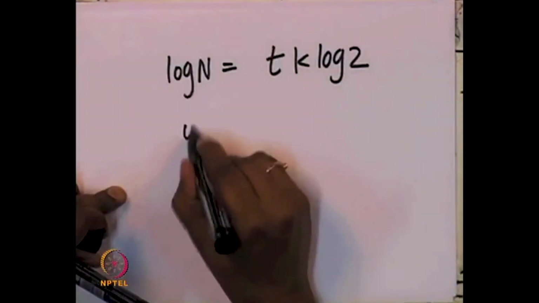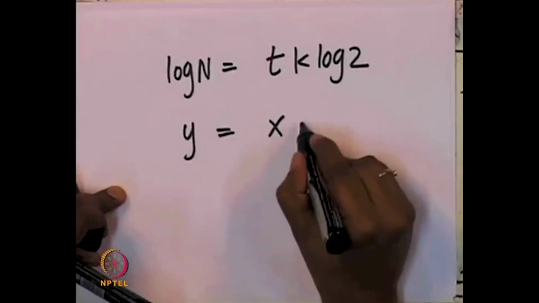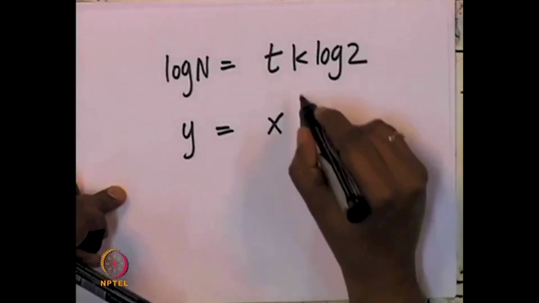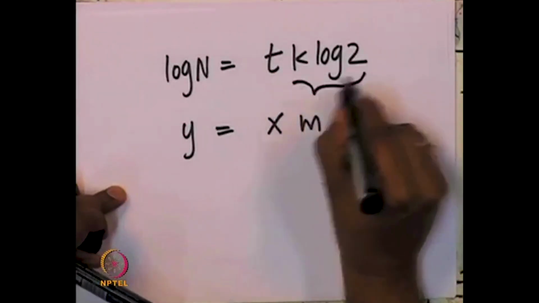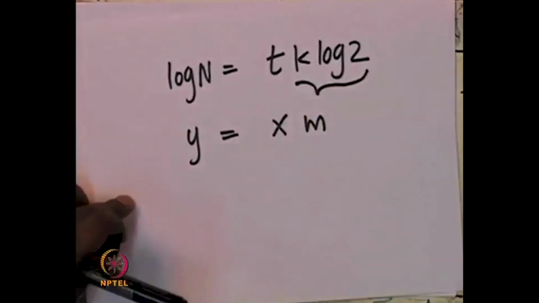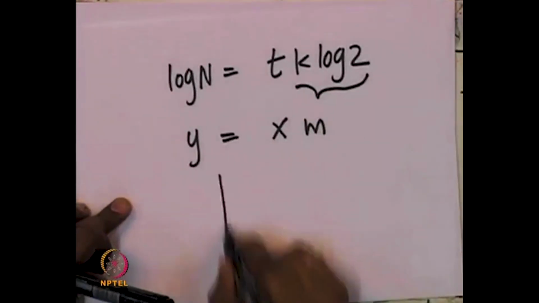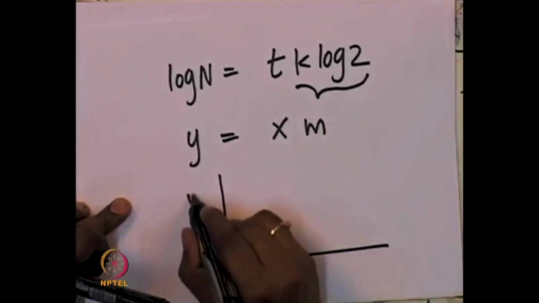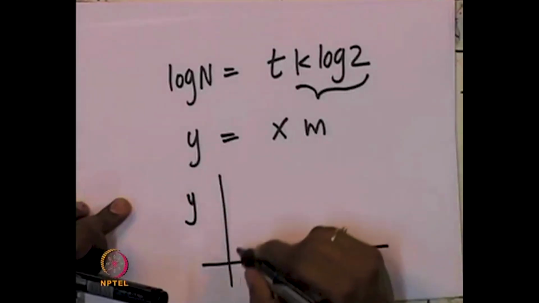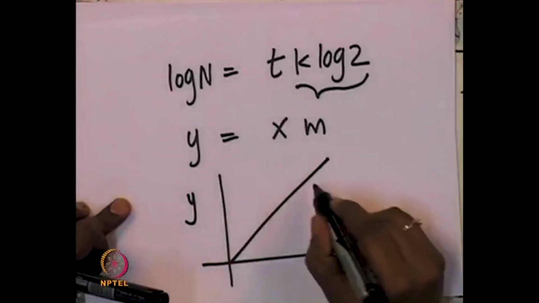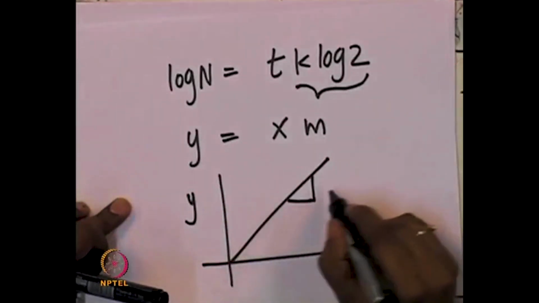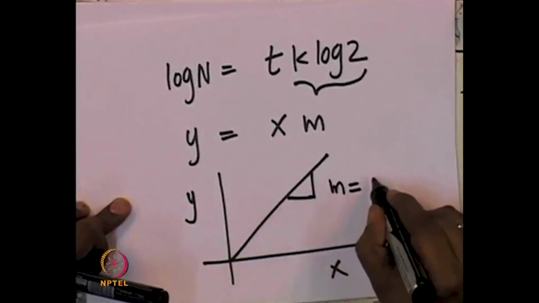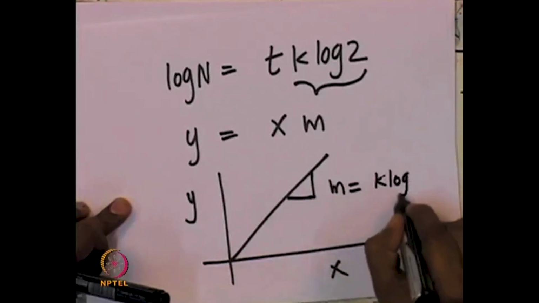So, this is y is equal to x times m, where m is k log 2. As we saw, if you plot y and x, y equal to m x is a straight line, and the slope, which is m, is k log 2.